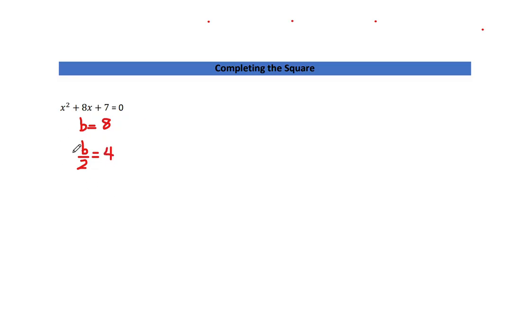Next, I'm going to do some manipulation of this quadratic equation. So I'm going to express it as x squared plus 8x. I'm going to subtract the constant of 7 from both sides of the equation so as to leave the variables on the left side and get the constant on the right-hand side.